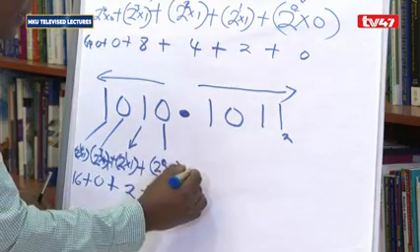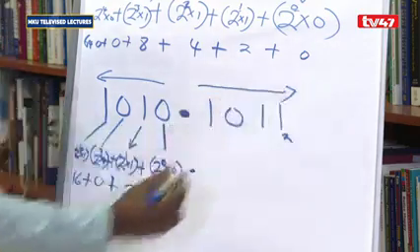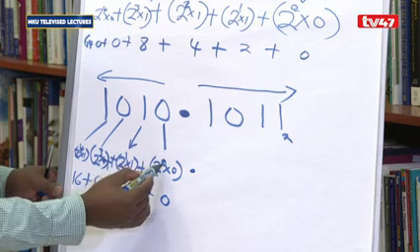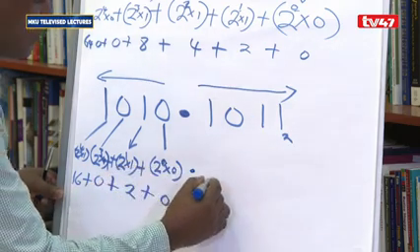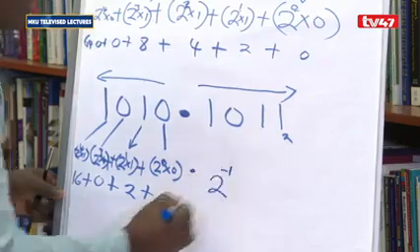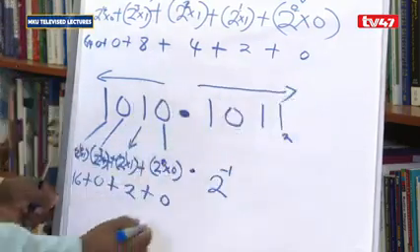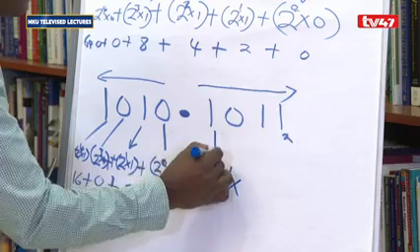But from the decimal point moving towards this side, you will not start with 2 to power 0. We'll start with 2 to power negative 1, because this is a fractional part, times this number.